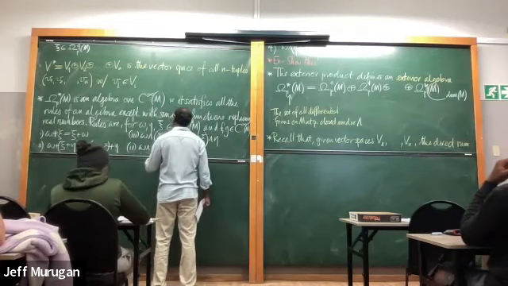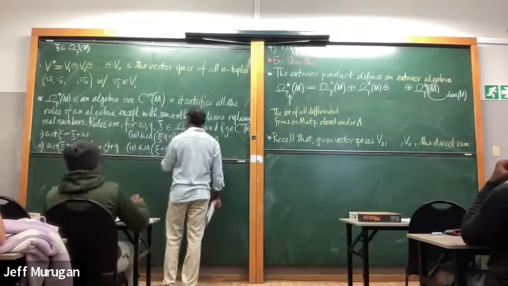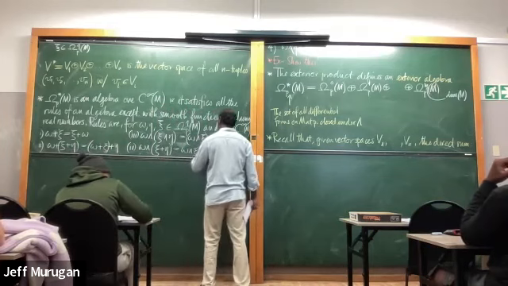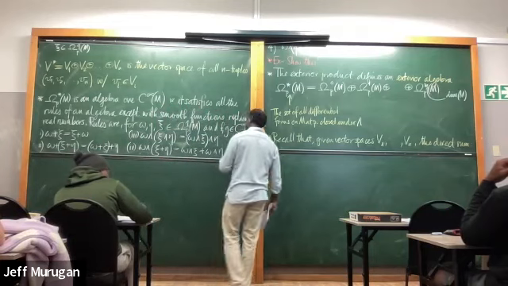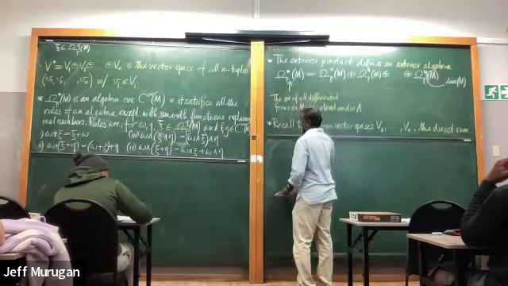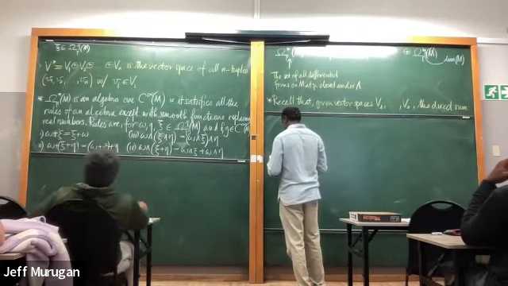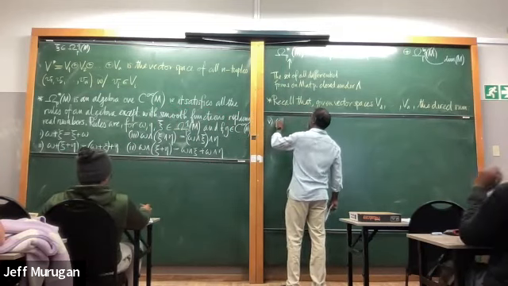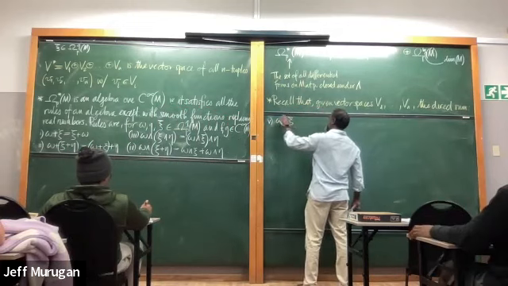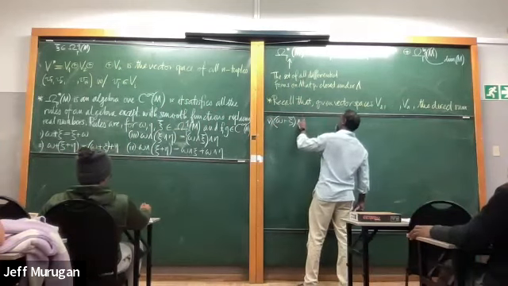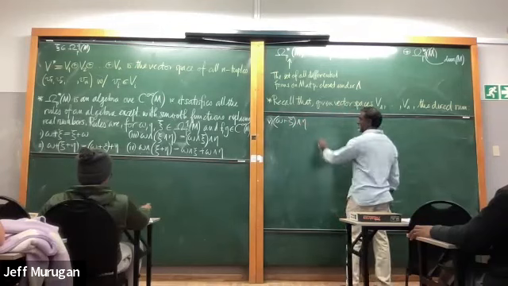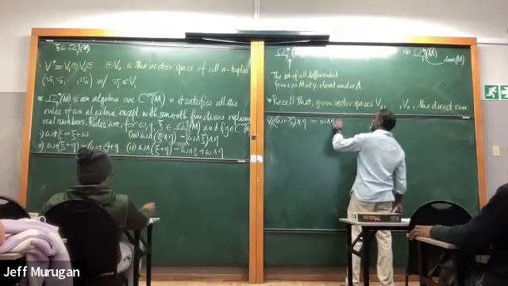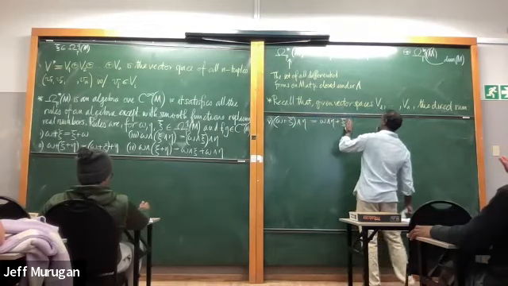Omega exterior product psi plus theta is omega psi plus omega theta. Omega plus psi exterior theta is omega theta plus psi theta.